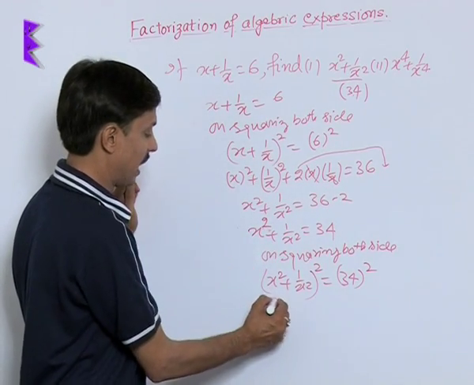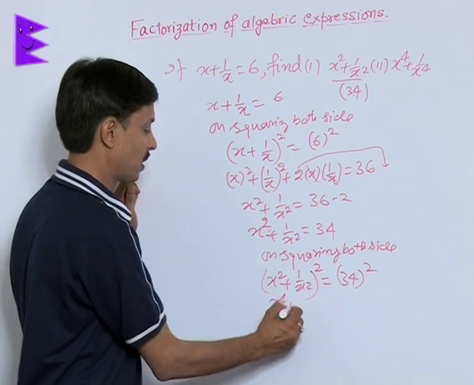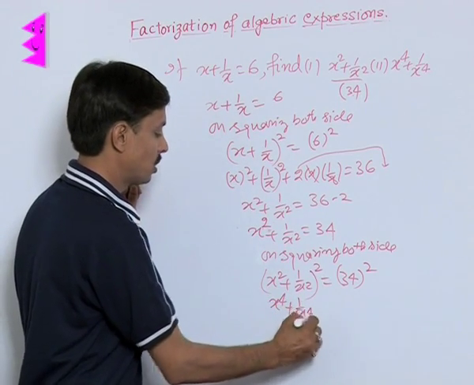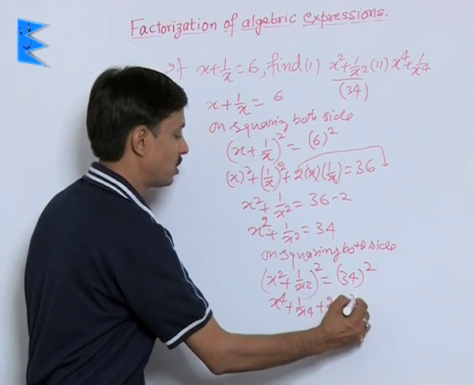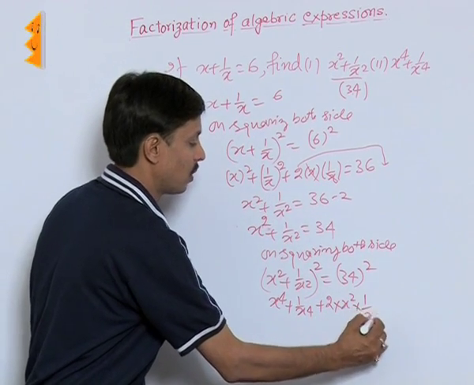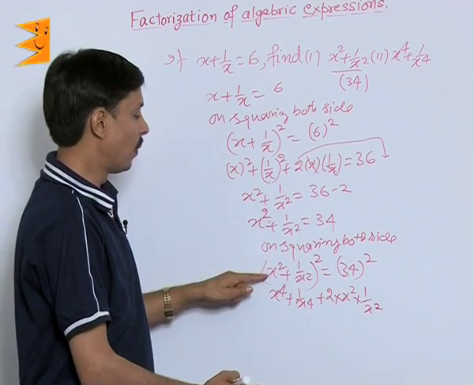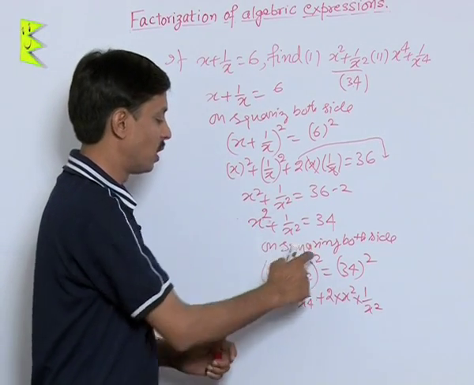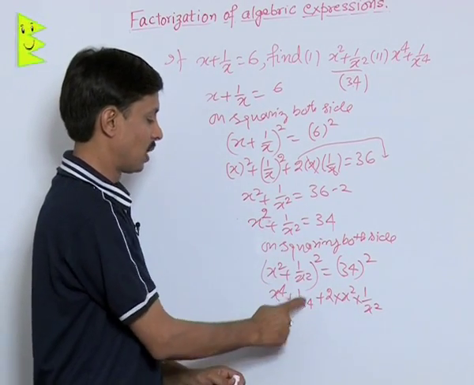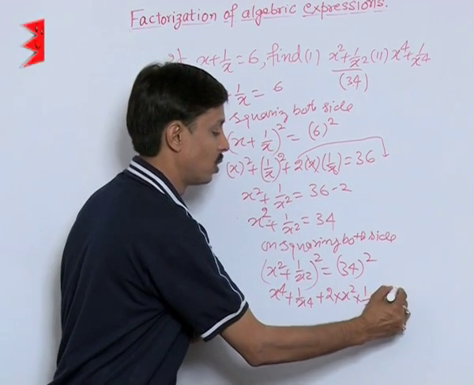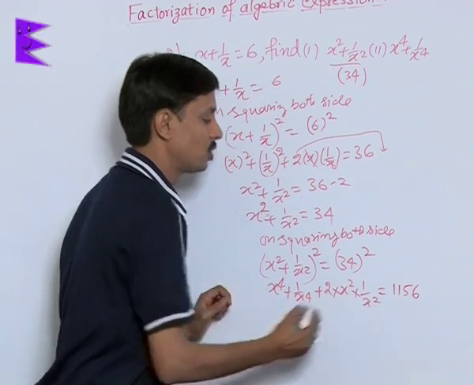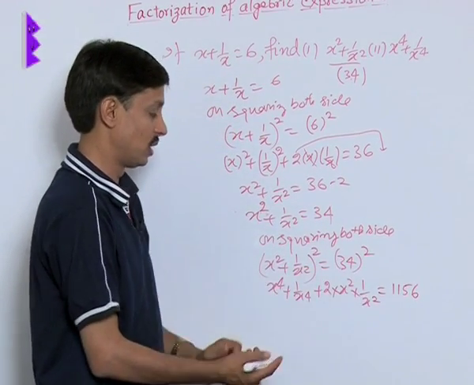So this becomes x4, first square, 1 upon x4, second whole square, plus 2 into first, which is x square, into second, which is 1 upon x square, is equal to 1156. Whole square of 34 is this.